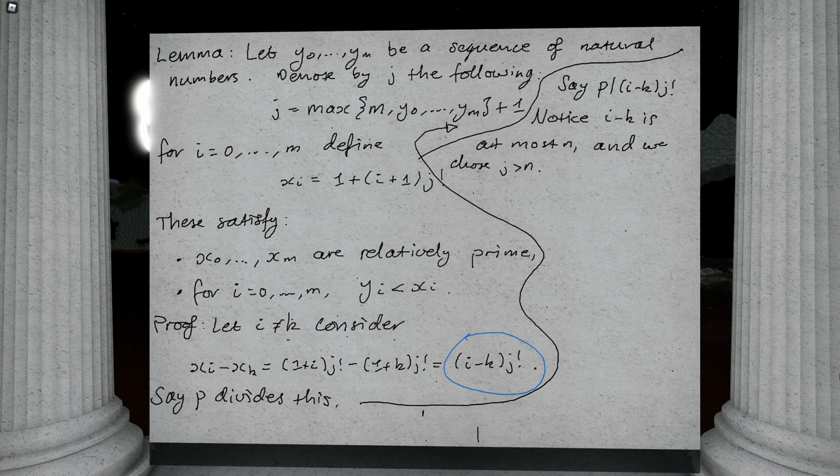So p dividing i minus k implies p divides j factorial, and we can assume without loss of generality that p divides j factorial. But if p divides j factorial, then p can't possibly divide xi, because xi is 1 plus (i plus 1) times j factorial, and division by p would give a remainder of 1.